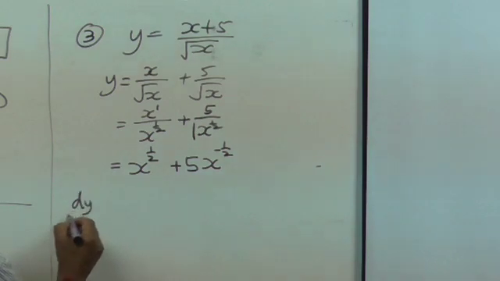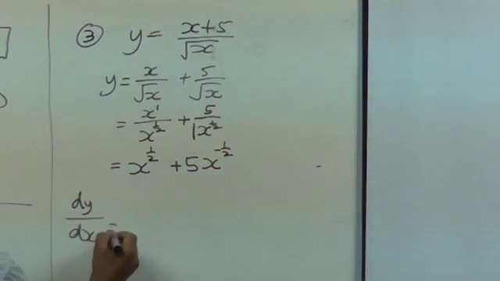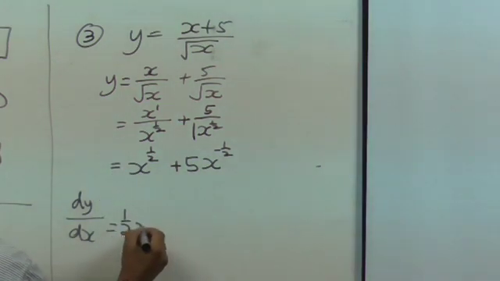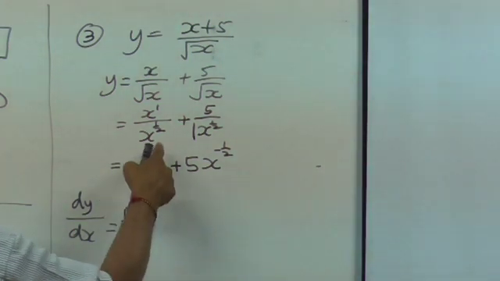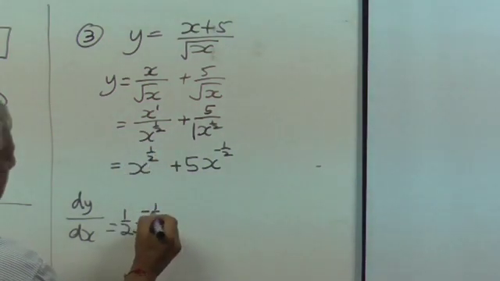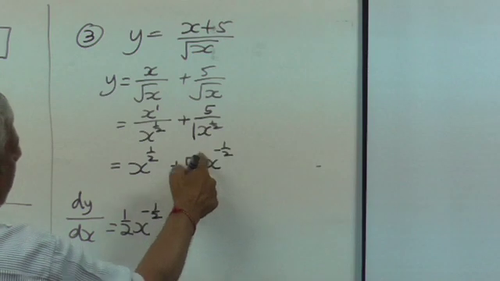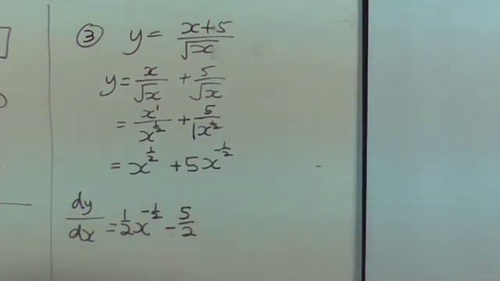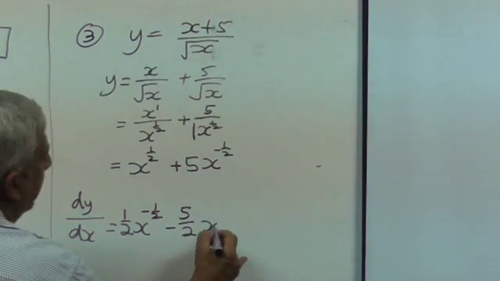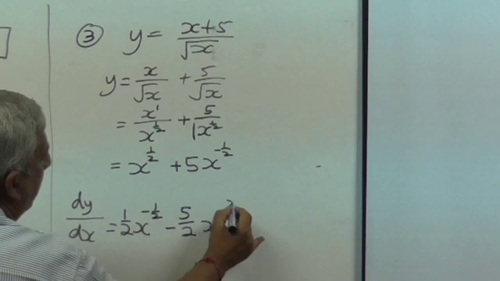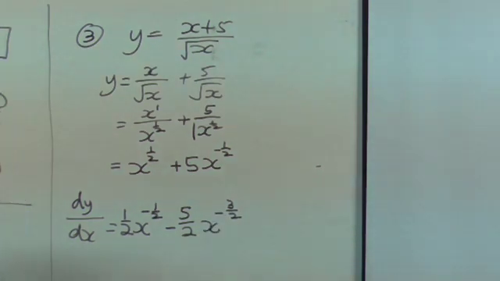So you are finding dy by dx. Half times the 1 that is understood here is half. Write down x. Half minus 1 will give you minus half. Half times plus 5 will give you 5 over 2. Write down the x. Half minus 1 will give you minus 3 over 2.